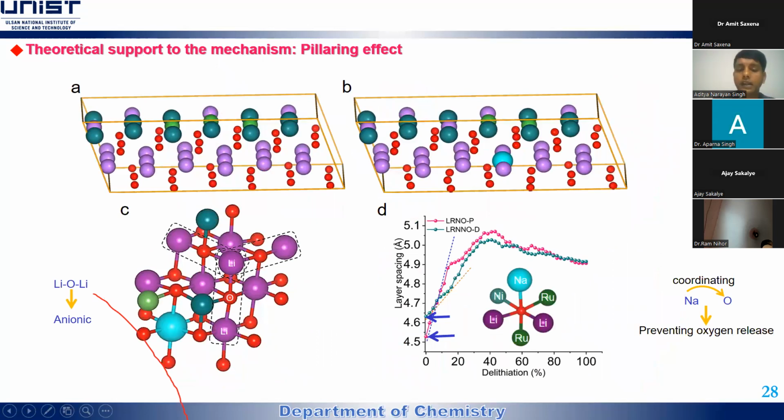We took machine learning assistance to explain how transition metal and anionic activity got activated and what is the perspective of crystal structure stability. So usually anionic redox activity happens when we have the Li-O-Li configuration. This is known as Li2MnO3 type structures.